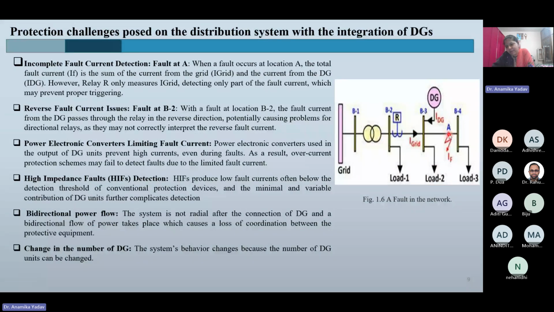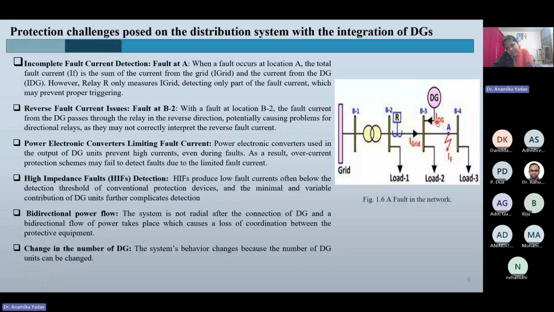For example, if you consider a fault at point A, the fault current IF will be supplied through the grid, and the DG will also be contributing fault current at point A. But the relay at bus B2 measures only the grid current flowing through the CT.